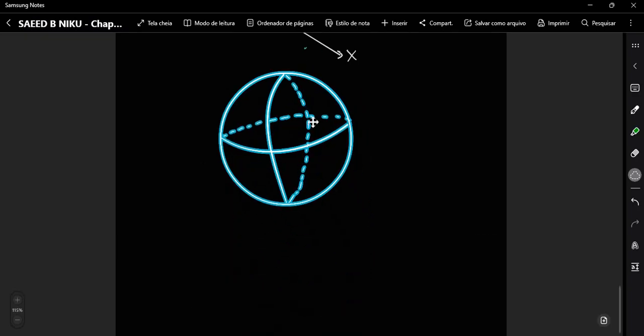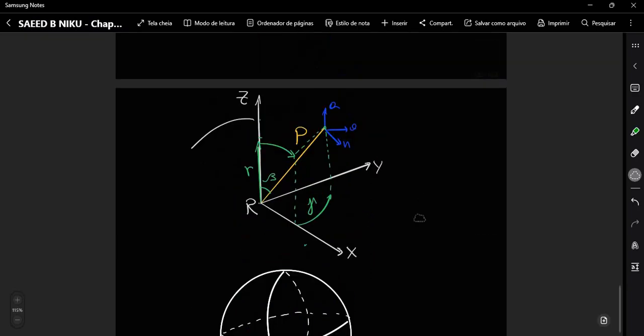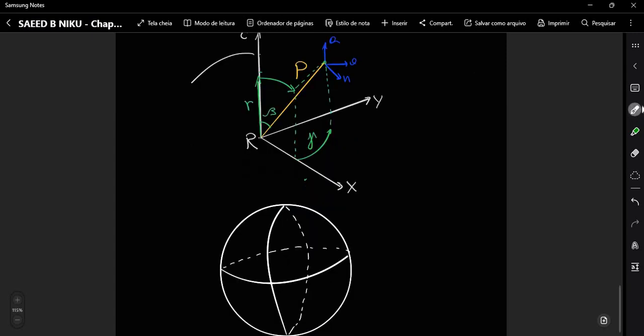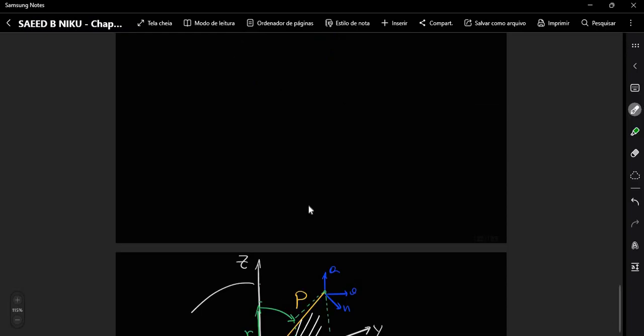And I don't know if you already can see, but right here is already representing this piece of the sphere. And what is nice is we can see the difference.